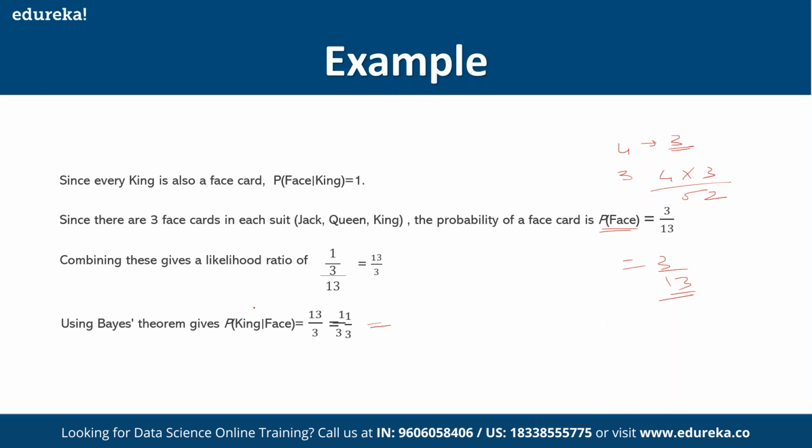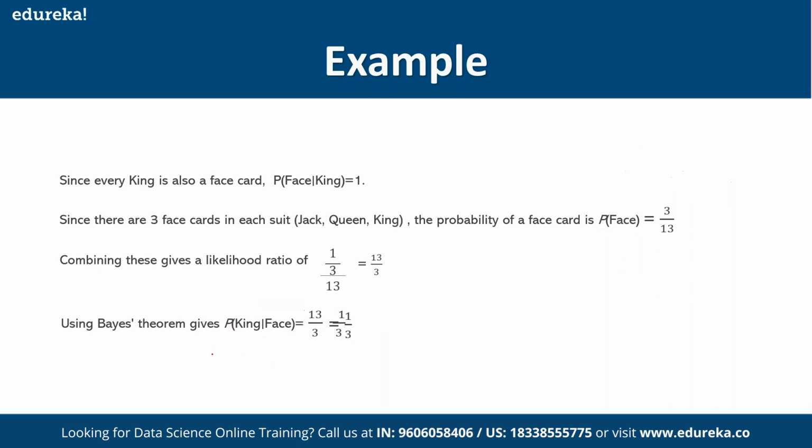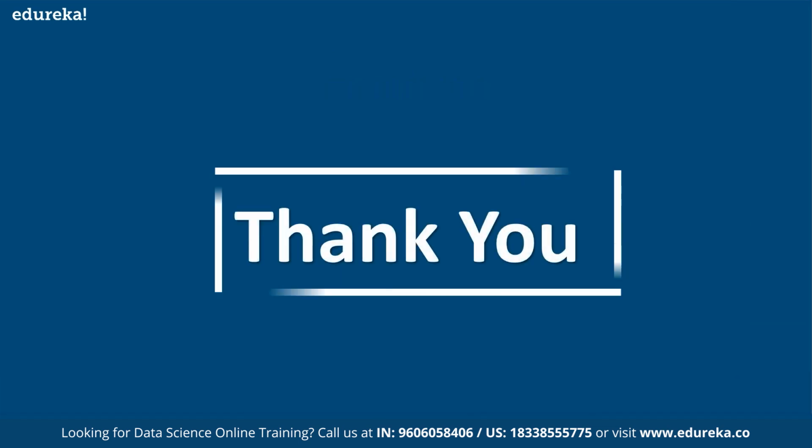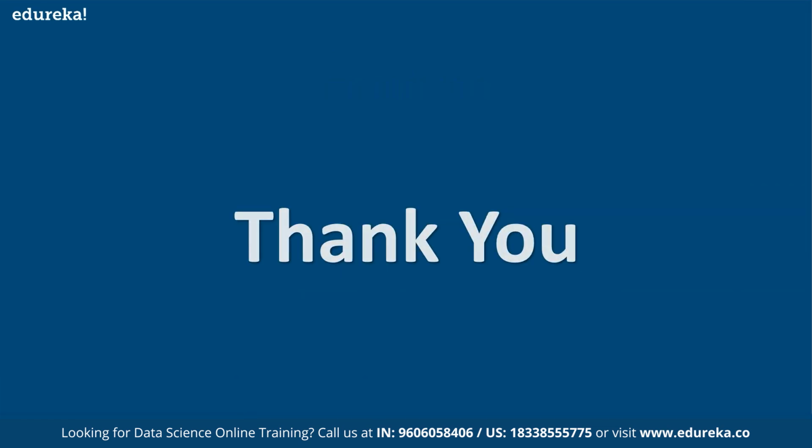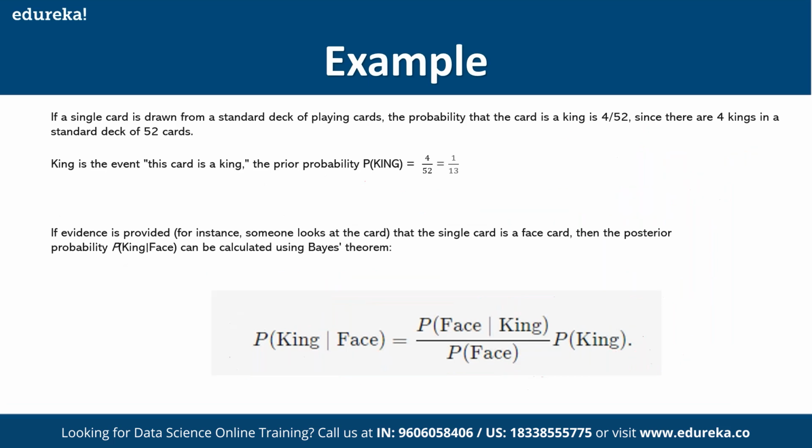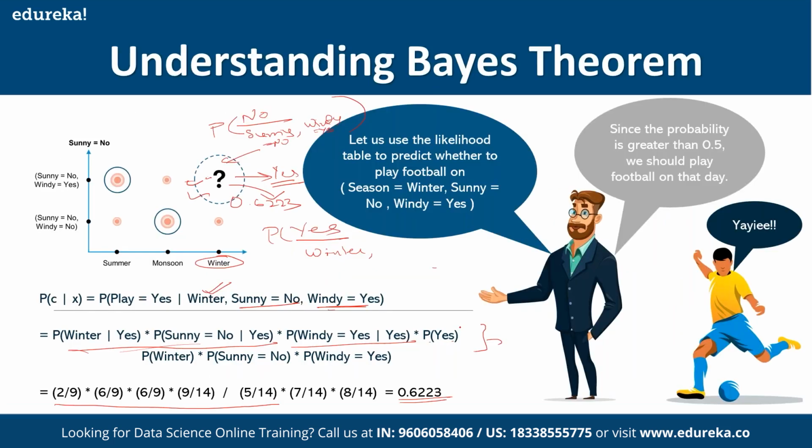So this will be our answer: given that it is a face card, what is the probability of you finding a king? We find that using Bayes theorem. I think you may want to revise or spend more time on this. That is my suggestion to all of you.